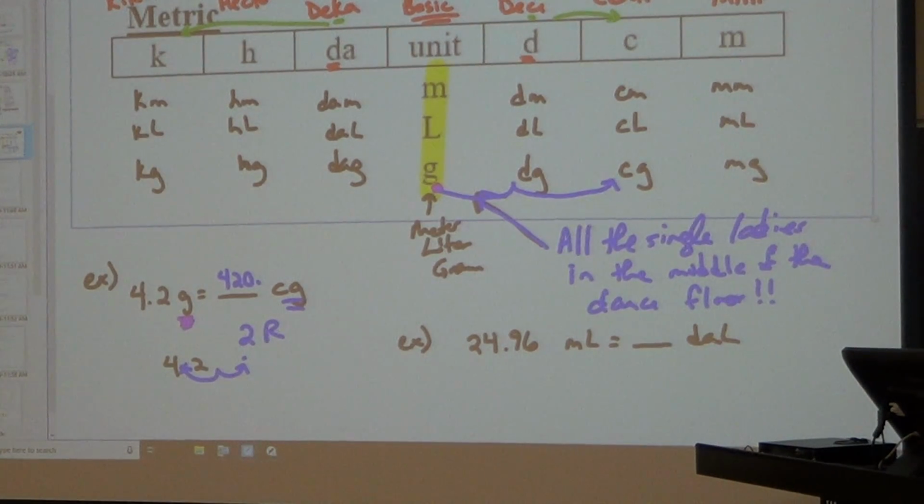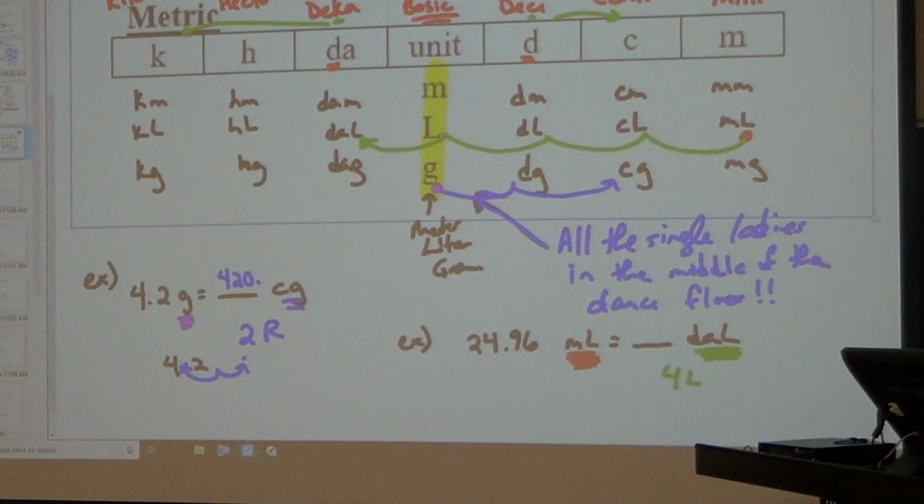With milliliters. And where am I headed to? To the left. And how many jumps is that? 1, 2, 3, 4. 4 jumps to the left.